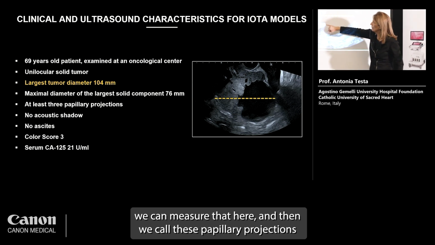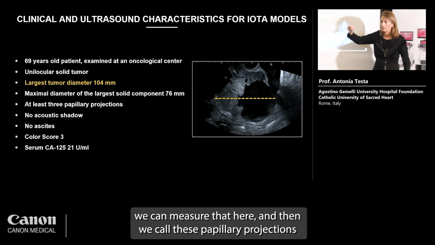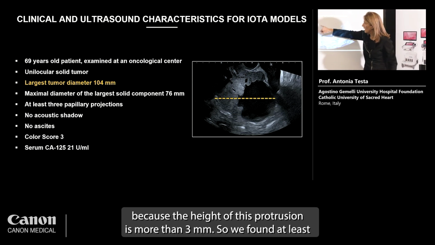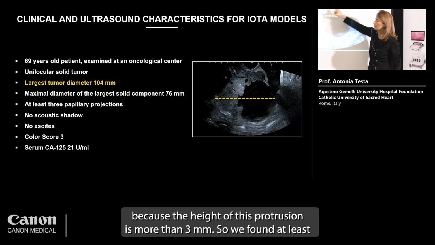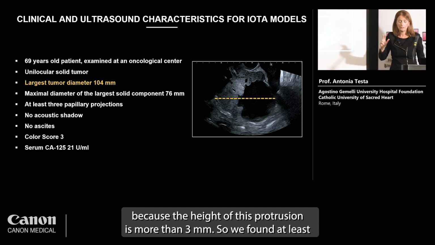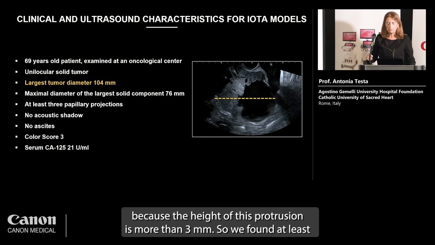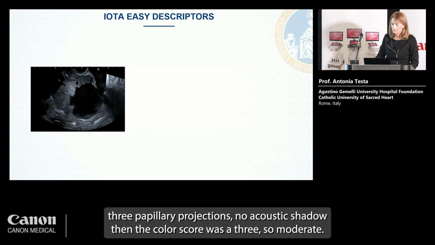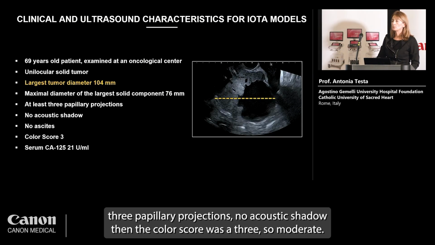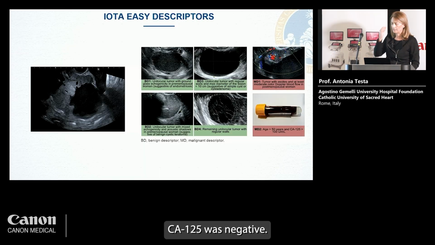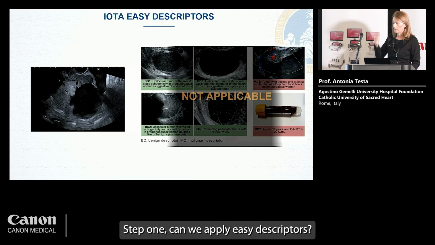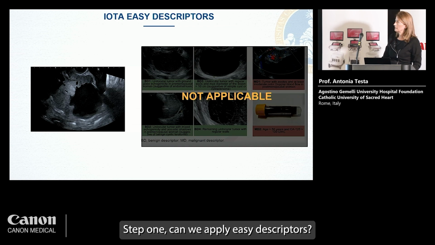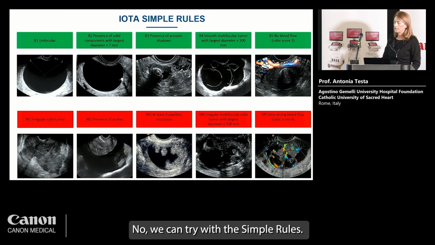Then we call these papillary projections because the height of this protrusion is more than 3 millimeters. So we found at least 3 papillary projections, no acoustic shadow. Color score was 3, so moderate.